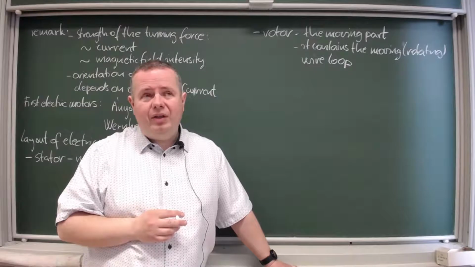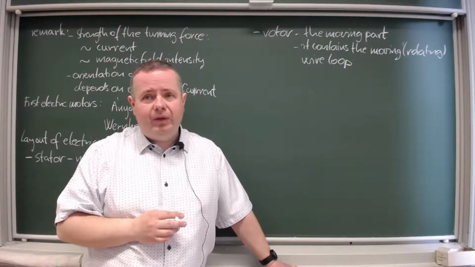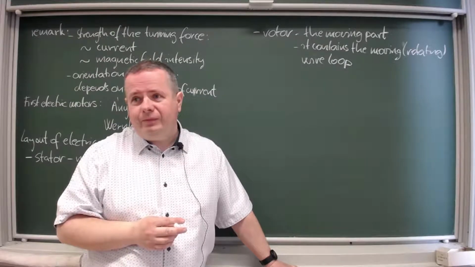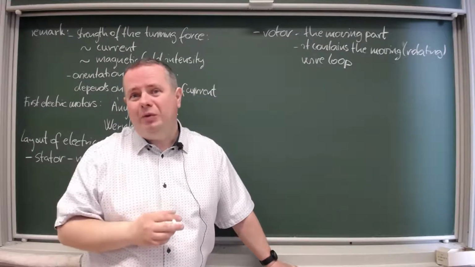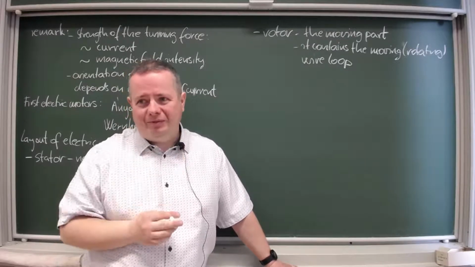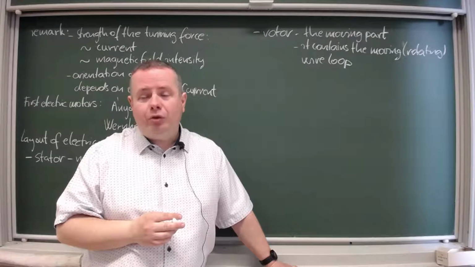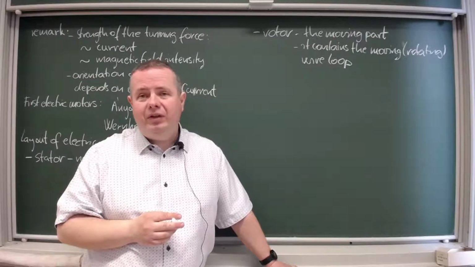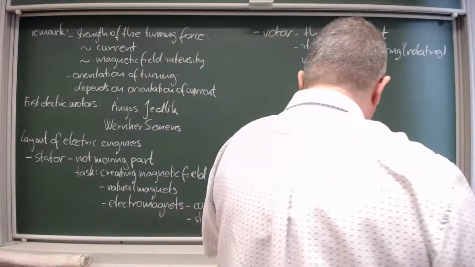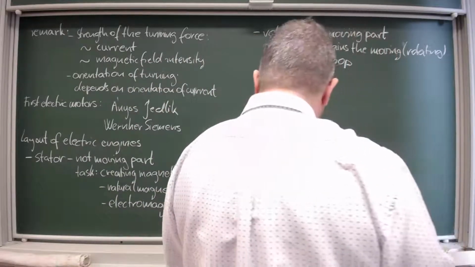So for having a constant torque that's applied to the rotor, what do we do? We use more than one loop. We use a high number of loops, so to keep moving the system. Okay? This is the idea of Jedlik and also the idea of Siemens.